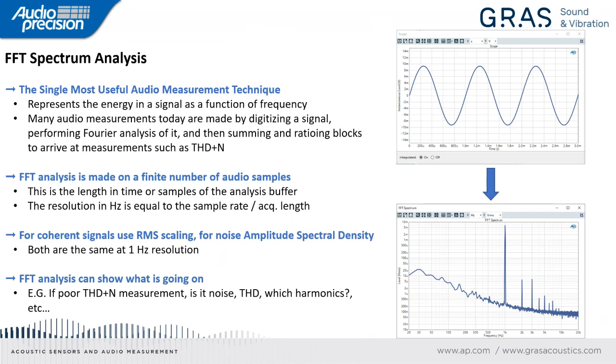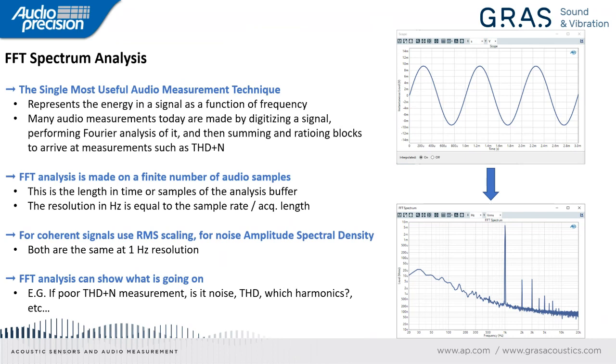Key things to understand about FFT analysis. It is done on a discretely sampled system. So we take our continuous waveform, we pass it through an analog to digital converter, and we analyze the values of those discrete audio samples. The frequency resolution in Hertz is equal to the sample rate divided by the acquisition length.